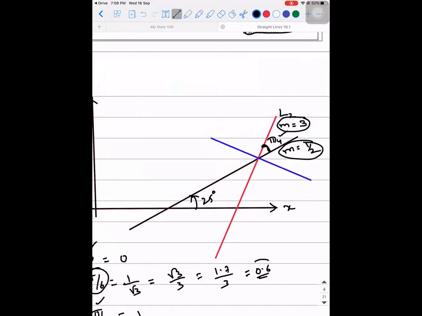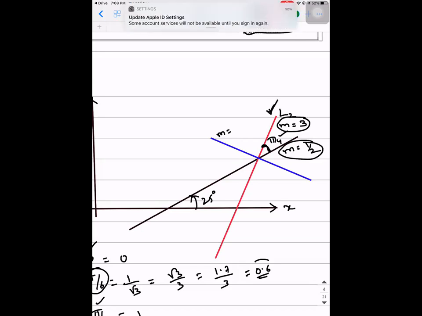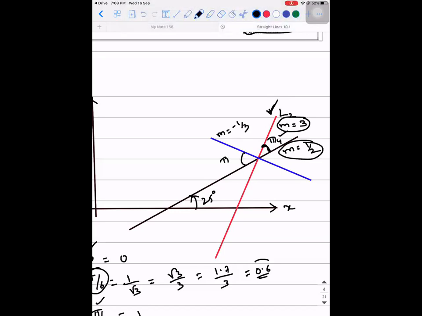So what will this blue color line be? Perpendicular, sir. It is perpendicular to the red line. So either this line could have made an angle of pi by 4, or m is equal to minus 1 by 3 could have made an angle of pi by 4. That is why here you are getting two answers.